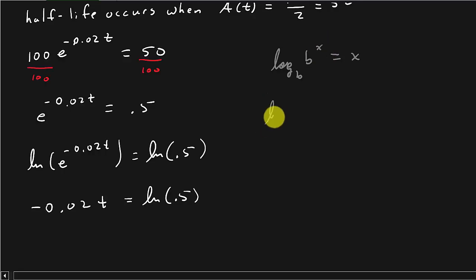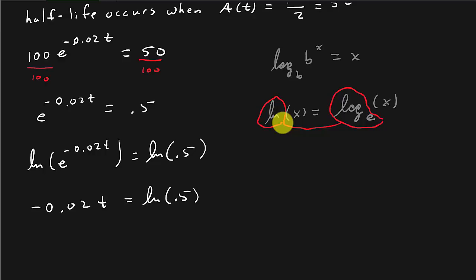And then the other thing we need to know is that the natural log of x is equal to the log of x with base e. So instead of writing log base e, we're abbreviating that with ln. Whenever you see ln, natural log, that means the same thing as a log with base e.